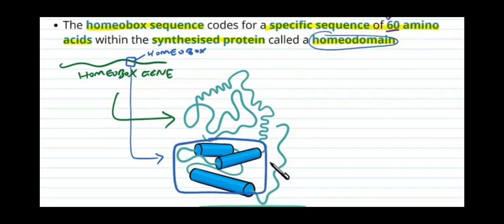The Homeobox sequence, which was shown by the dark blue box, codes for a specific sequence of 60 amino acids. As I have already told you, this Homeobox sequence is 180 base pairs.